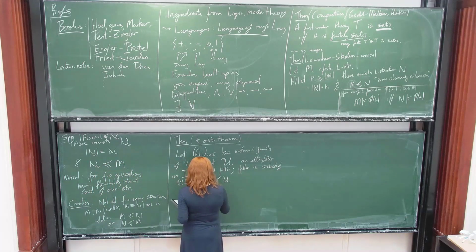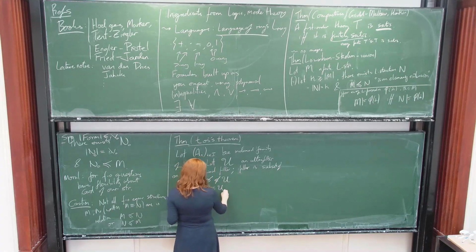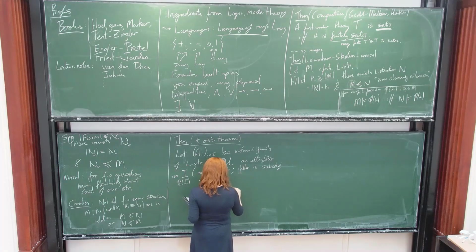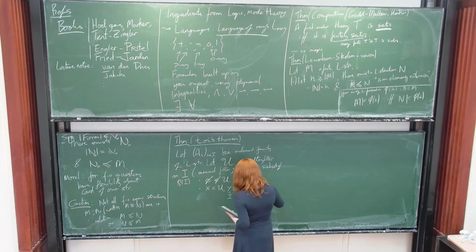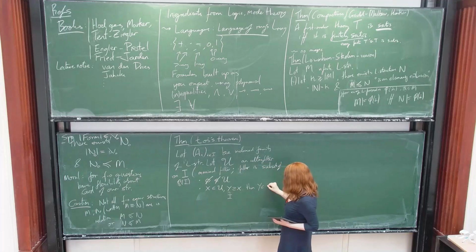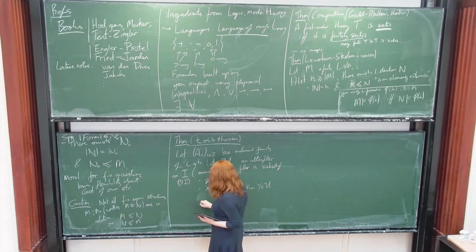If X is in this collection and Y is some superset of X, and of course Y should still be contained in the index set I, then Y ought to be there, so it's closed upwards, and it's closed under intersections.